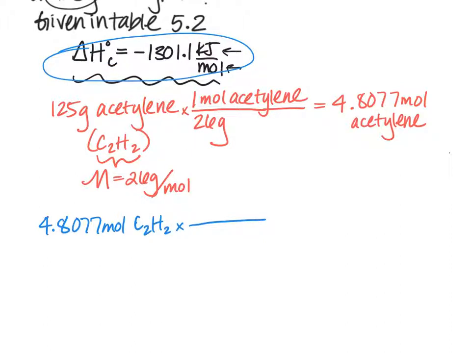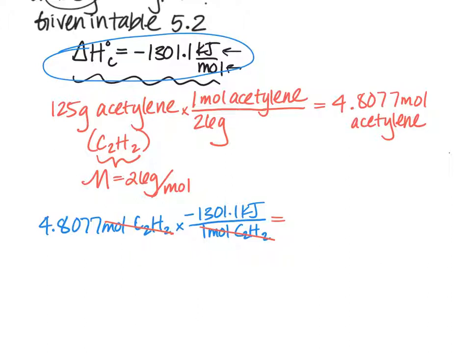I'm going to use that as a conversion factor. That just means I'm going to convert from moles into a different unit, in this case into kilojoules. So I'm going to put negative 1301.1 kilojoules for every 1 mole of C2H2. Notice moles of C2H2 will cancel.